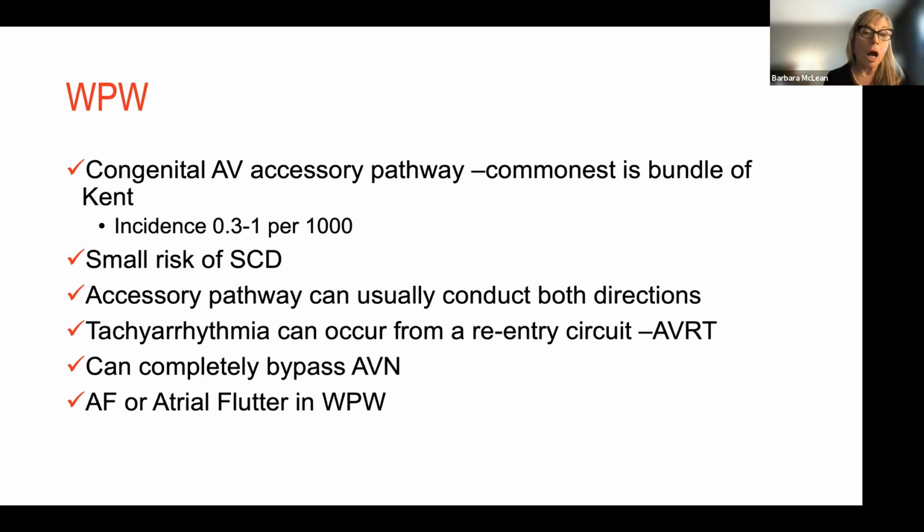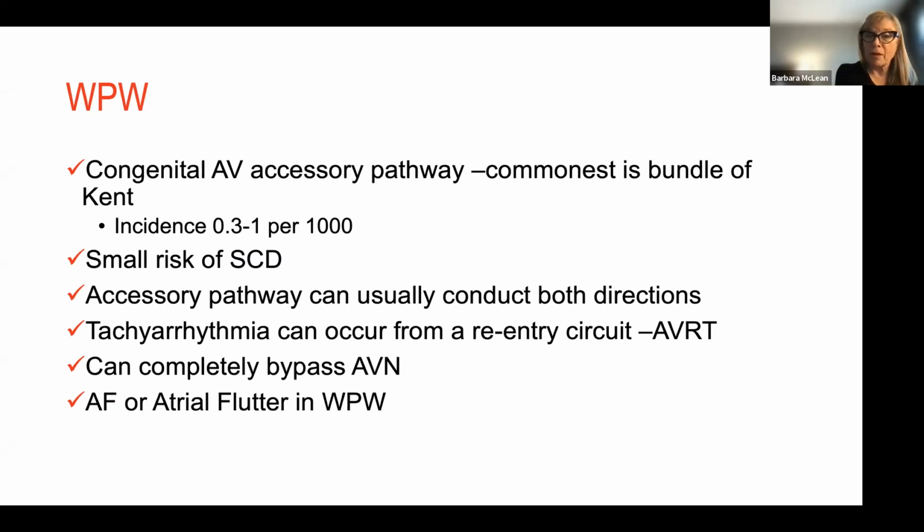It's the most common of accessory pathways. You can have one on the right, you can have one on the left. It's not that many patients, 1 in 1,000, but those are only the patients that have reported WPW. So there may be many more patients who have it, but they just at home notice that they have short bursts of rapid rate.